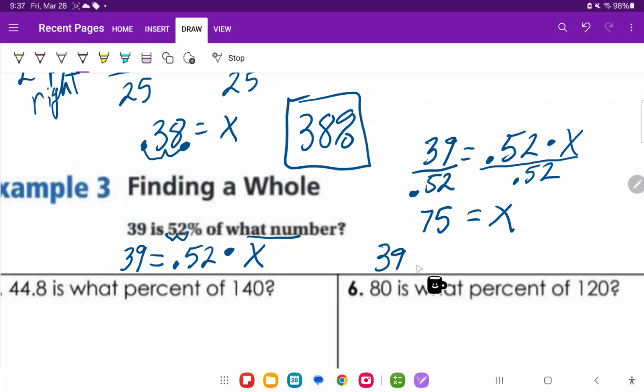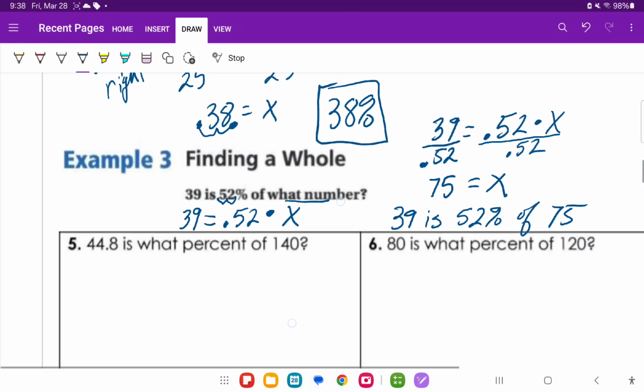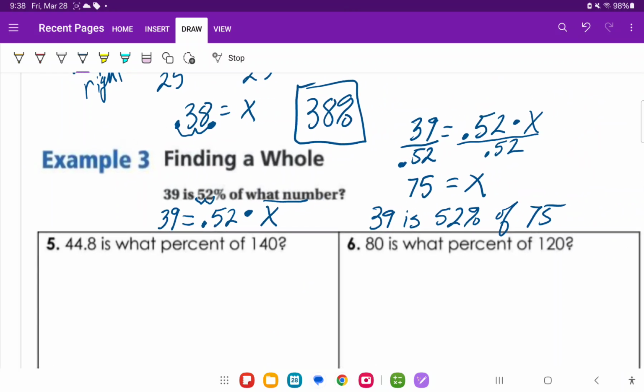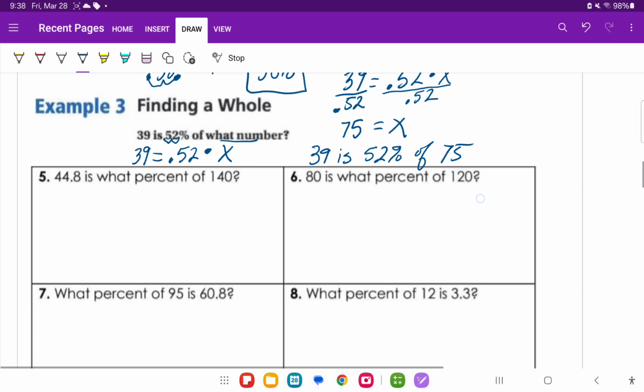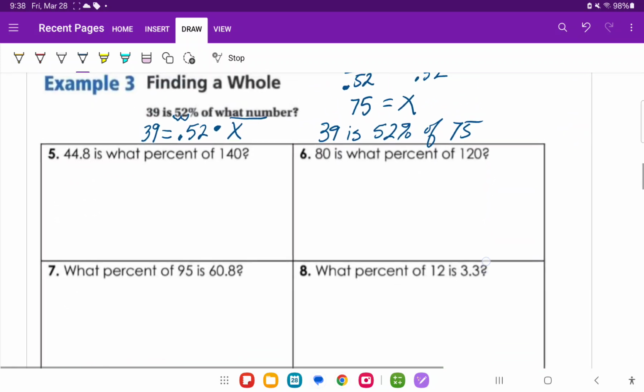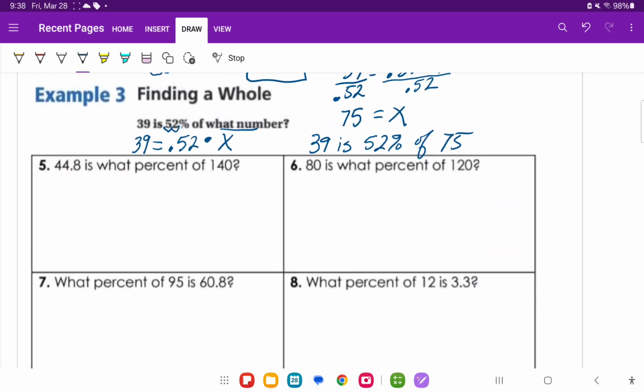If we were to write that out, 39 is 52% of 75. On this section, you're just going to be practicing what we just did. I want you to do those 4 problems real quick, and then we'll come back together and check on them.